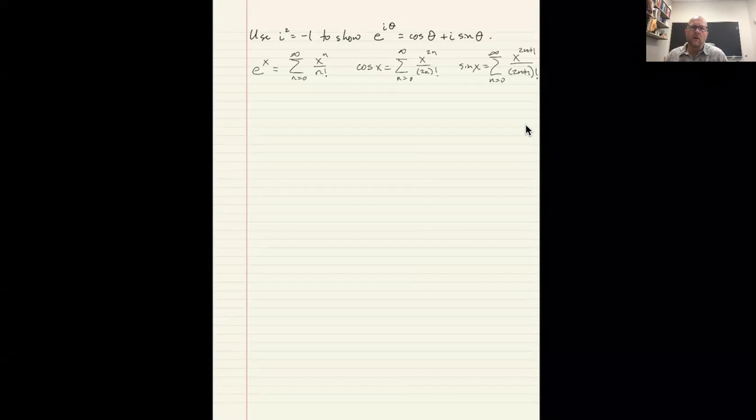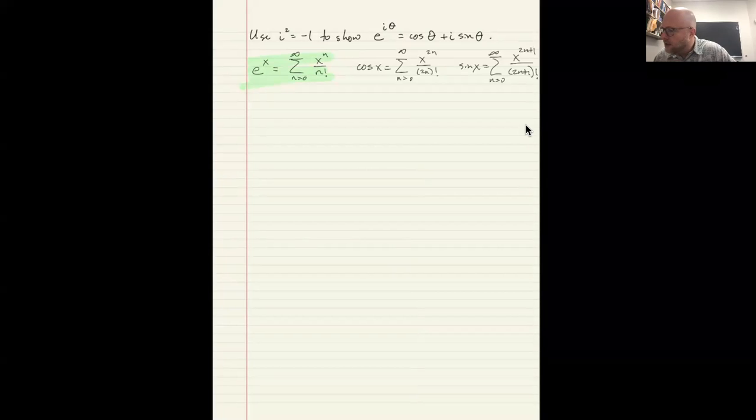But the Euler Formula there really has as its big emphasis that you can take this e to the x and expand it out and turn it into this cosine and sine portion.